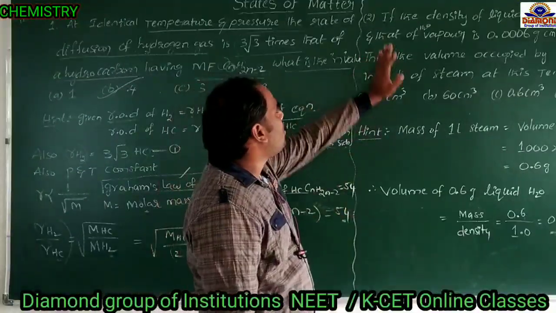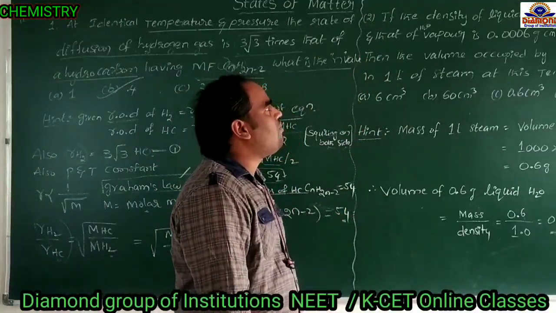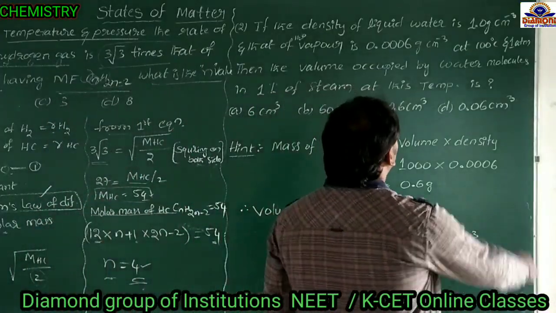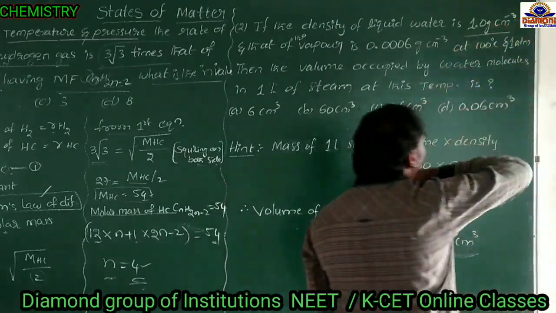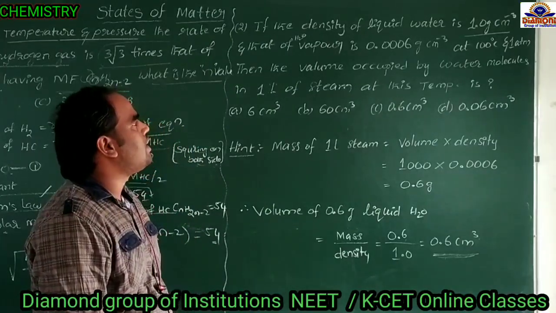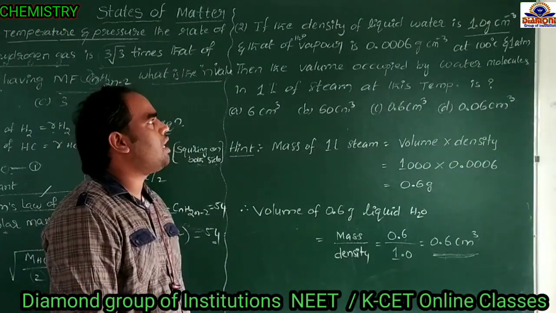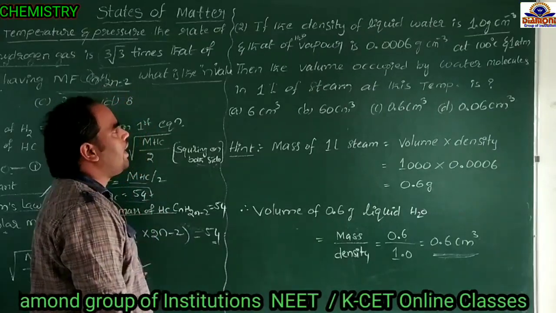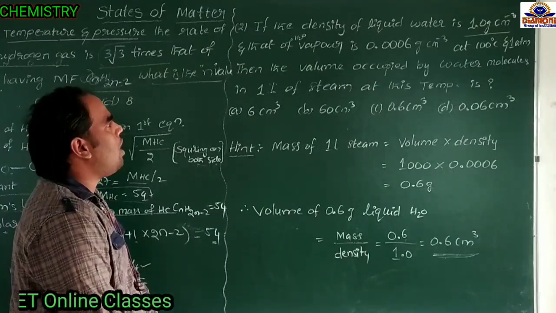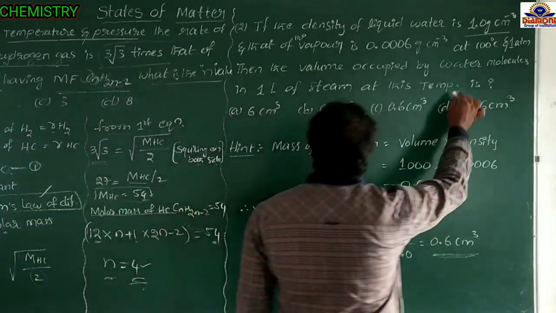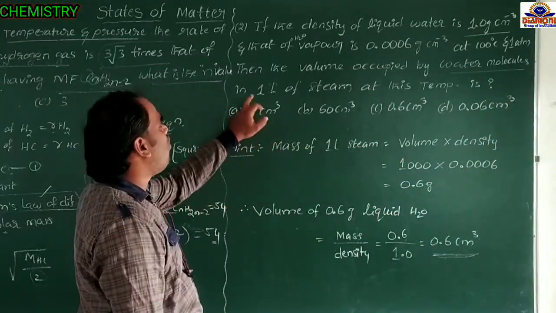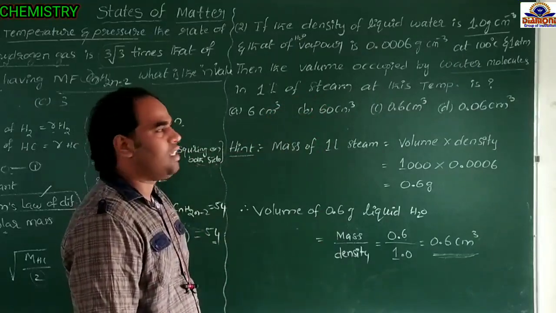Next, question number 2. If the density of liquid water is 1.0 gram per centimeter cube, and that of water vapor is 0.0006 gram per centimeter cube at 100 degrees Celsius and 1 atmosphere, then the volume occupied by water molecules in 1 liter of steam at this temperature is how much?